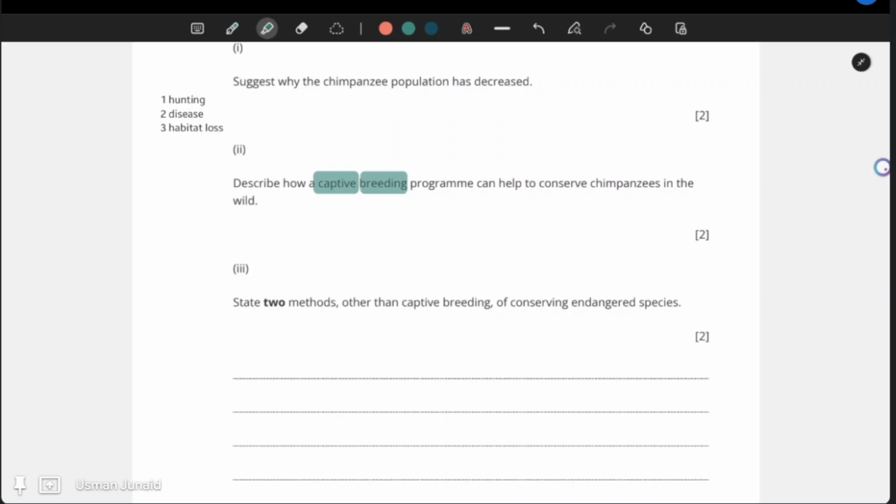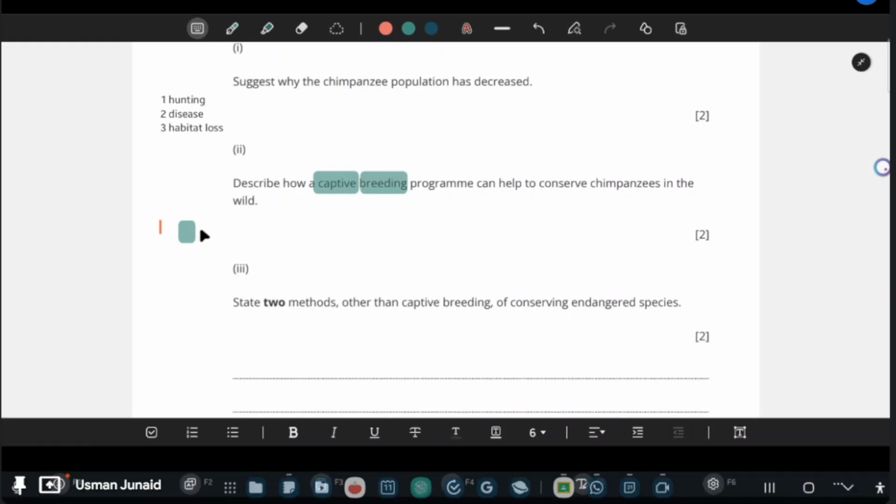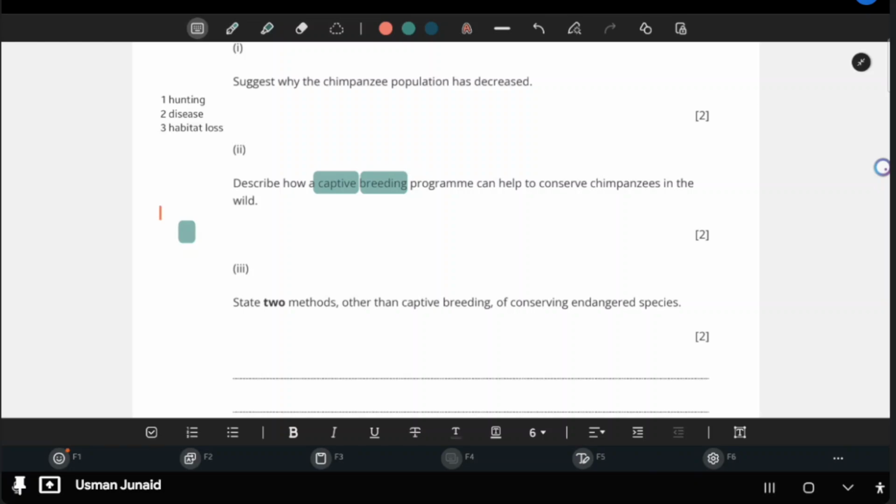So you said controlled environment. How would that help? The first bit is fairly obvious. They would have increased numbers, right?